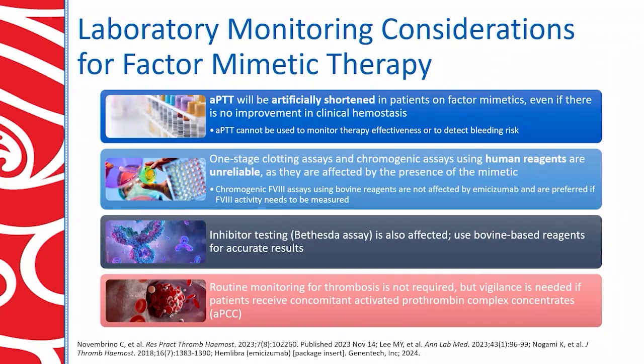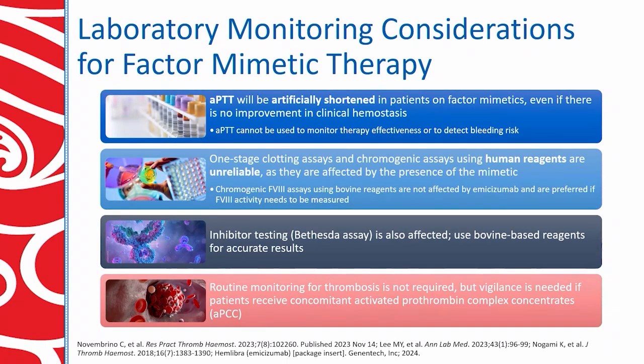As I said, laboratory monitoring becomes really complex here. APTT will artificially shorten, but this will not reflect the hemostatic capacity or the clinical effect of this therapy, so it cannot really be used anymore. In addition to the one-stage clotting assays, chromogenic assays are also not really reliable, especially if you use human reagents.